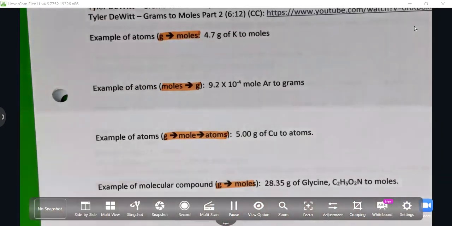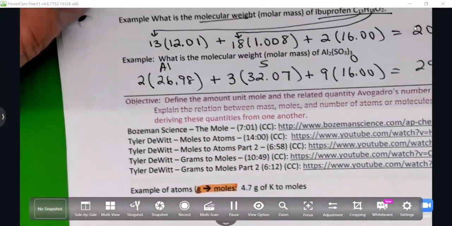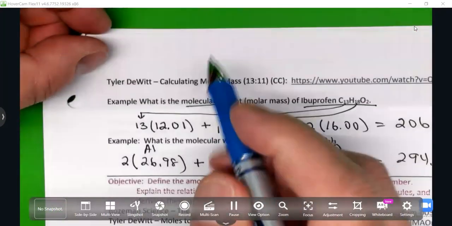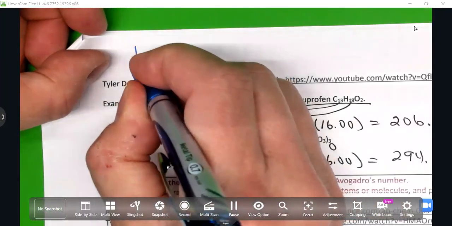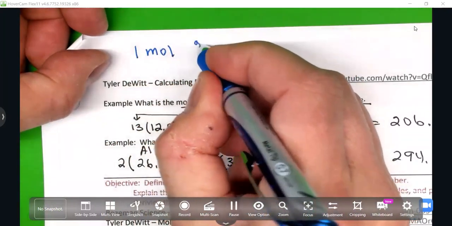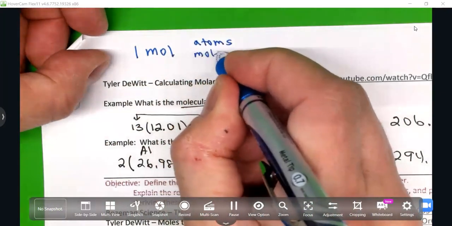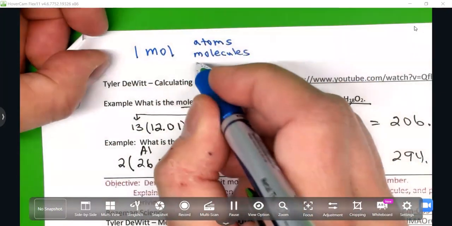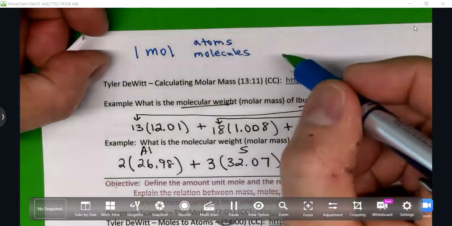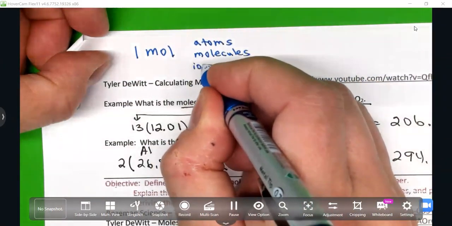Now, there are only 2 conversions we are going to use. The 2 conversions I'm going to put on top. We're going to use 1 molar of something, and that is going to be either atoms, molecules, or an ionic compound.